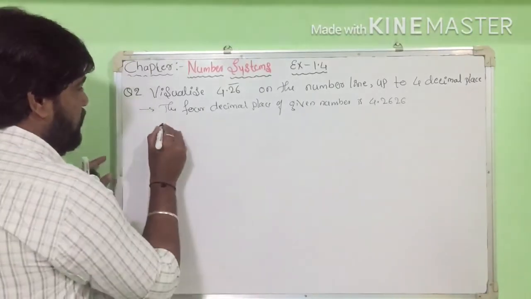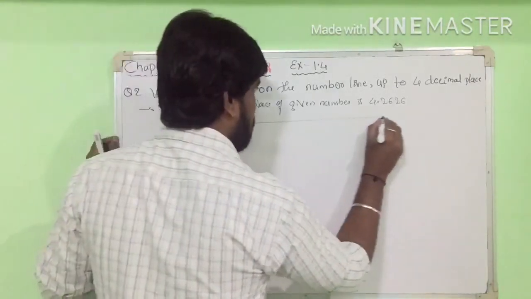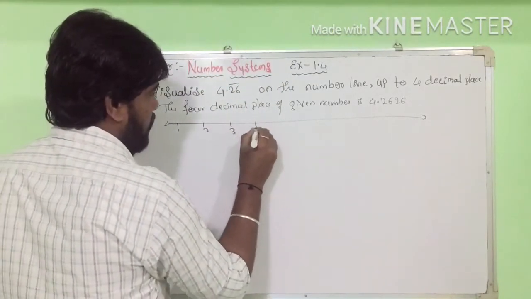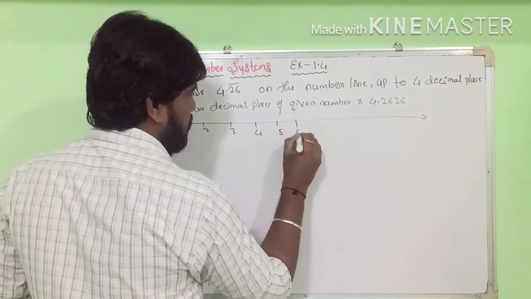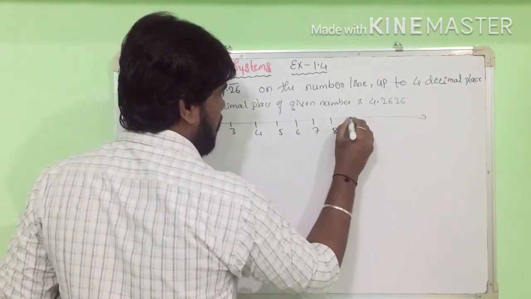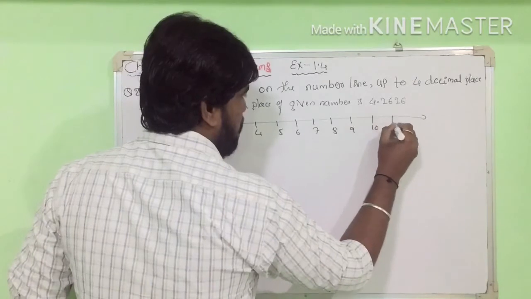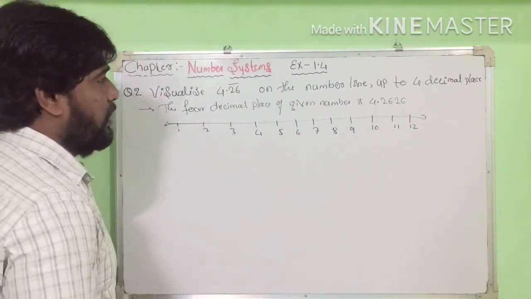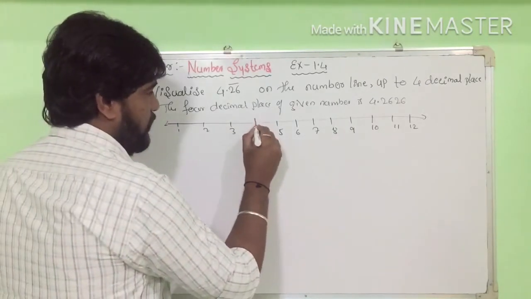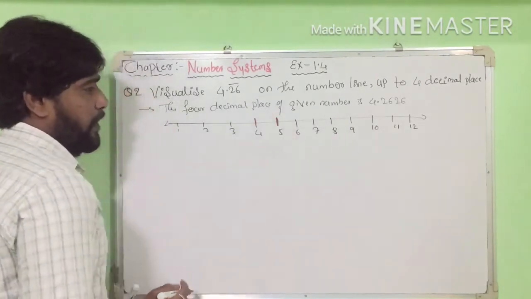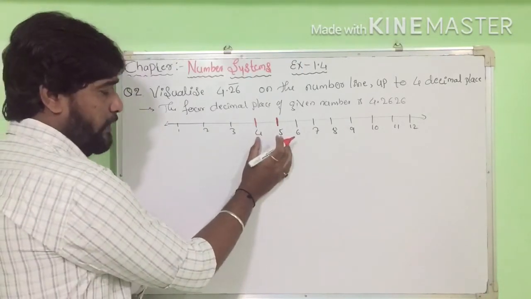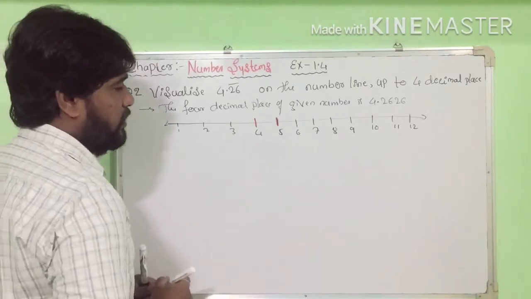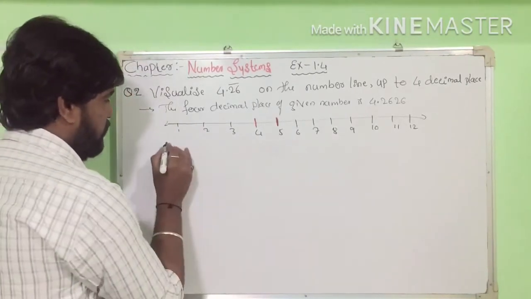So first we will draw a number line. 1, 2, 3, 4, 5, 6, 7, 8, 9, 10, 11, and so on. Right? So it is a number line. Our number lies between these two. So now magnify the interval 4 and 5 and divide it into 10 equal parts.